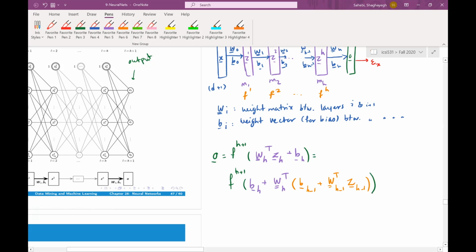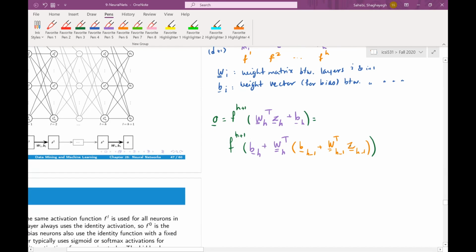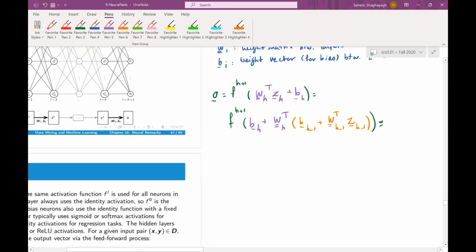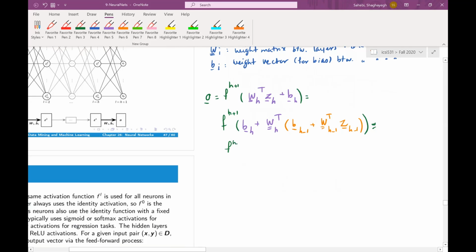Okay. And again, I can rewrite Z_{H-1} according to Z_{H-2}, right? So it will be F_{H+1} of B_H plus W_H transpose B_{H-1} plus W_{H-1} transpose. And now I can rewrite Z_{H-1} as B_{H-2} plus W_{H-2} transpose Z_{H-2}.